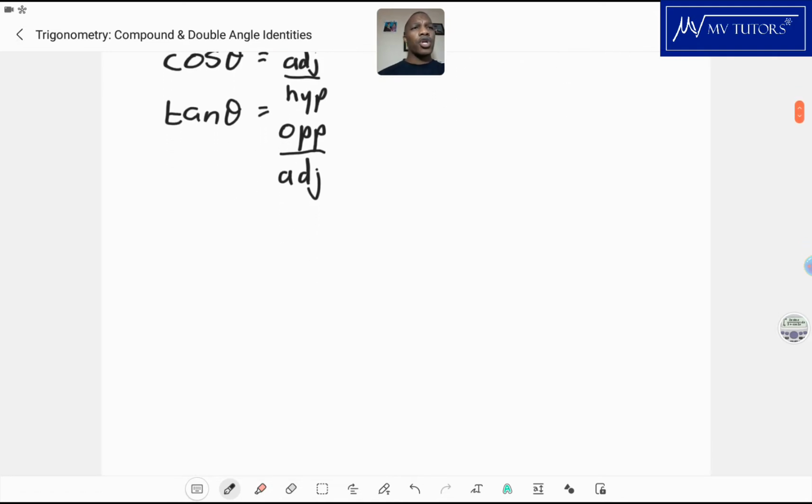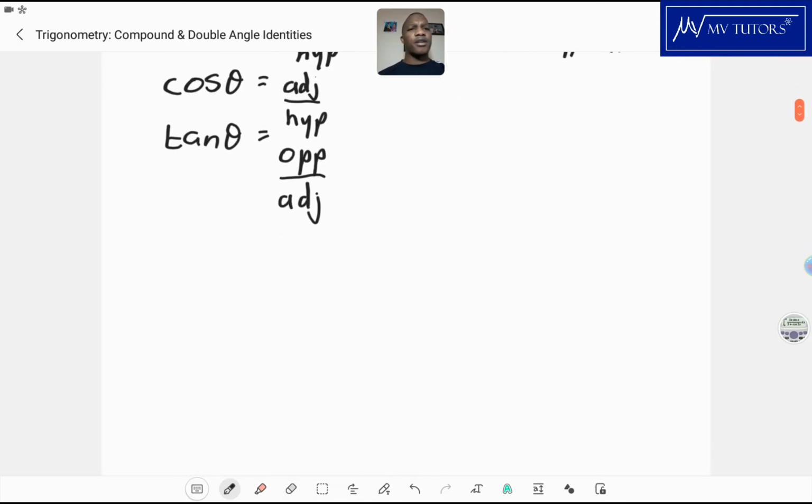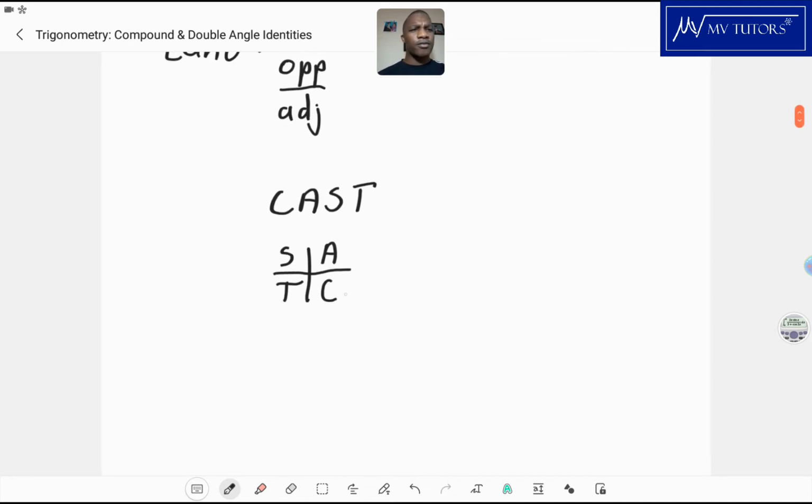We also have this thing, while we're still on the basics, that I call CAST. You write it like that in its quadrants. What this means is that cosine is positive in this quadrant.